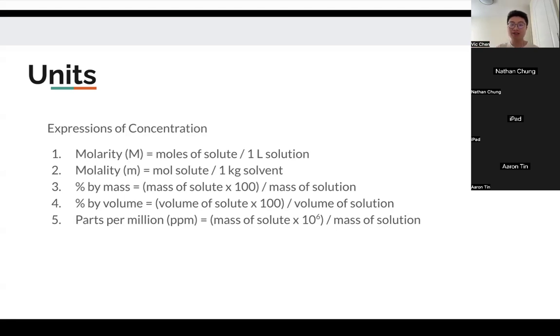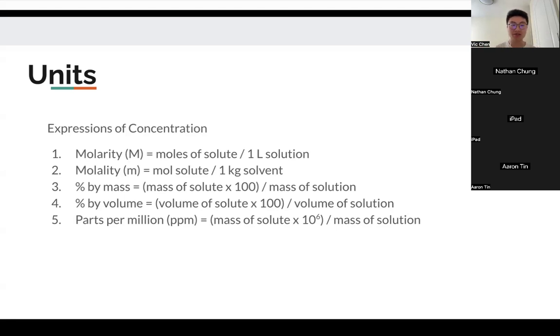And molality is represented in the moles per 1 kilogram of a certain solvent. And this is represented with a lowercase m rather than a capital M. You won't see molality too much since it's not that much of a common unit when it comes to testing.